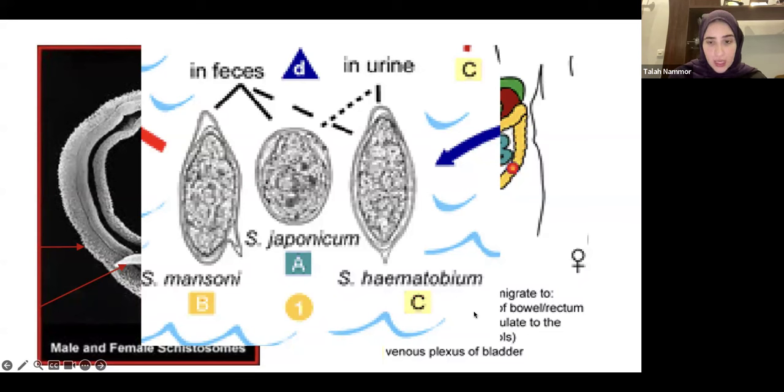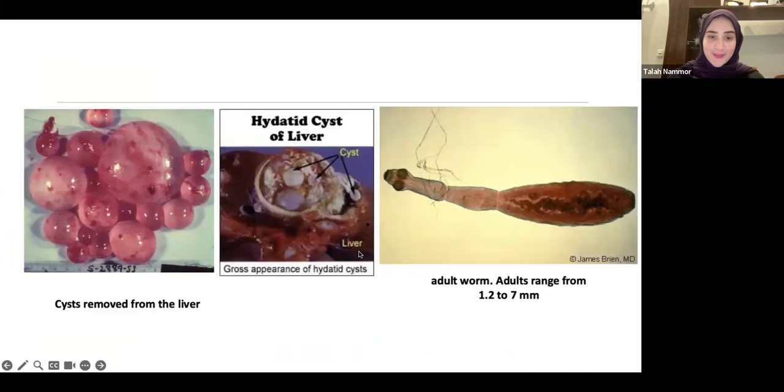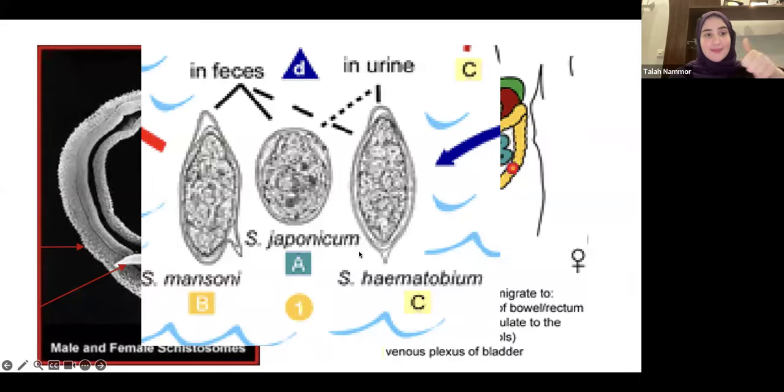So this is haematobium. Now, haematobium and japonicum can be in the bladder, so that's why we can use urine for finding these eggs. While on the other hand, mansoni and japonicum, the mother is usually in the intestines, and we find the eggs in the feces. Clear? Good?